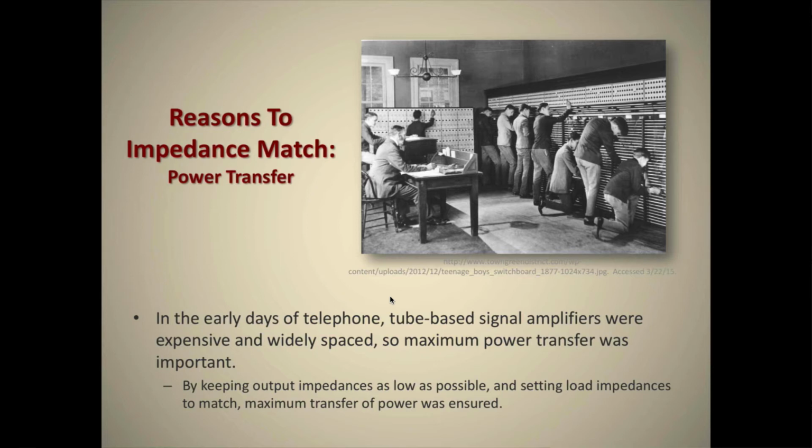And when you're sending a phone conversation down 60, 100, 300 miles, you're going to have amplifiers every once in a while, but you're trying to get as much power as possible. Amplifiers are expensive, metal is expensive, tubes are expensive. The farther apart they can space those amplifiers, substations, and relay systems from here to San Francisco, the better. So maximum power transfer was important.